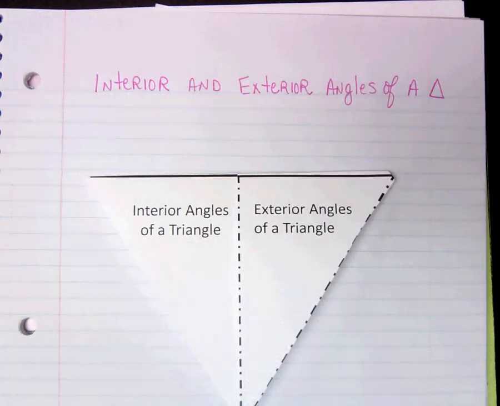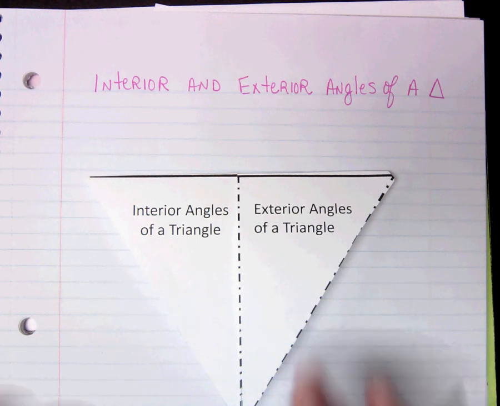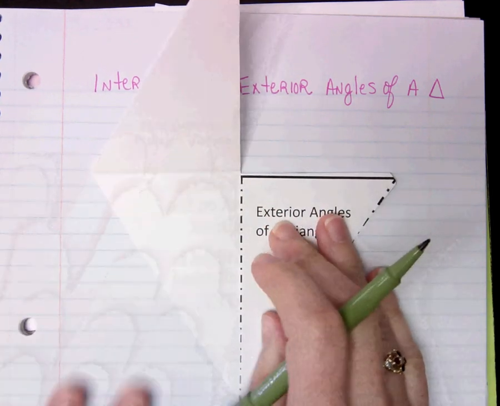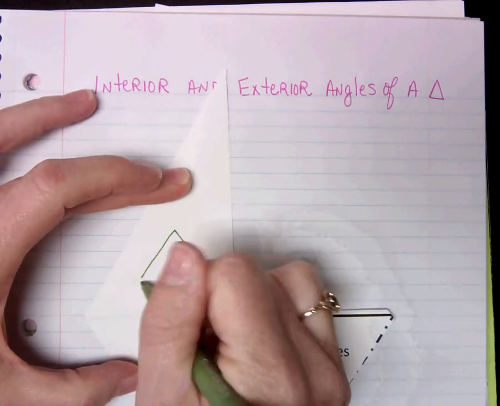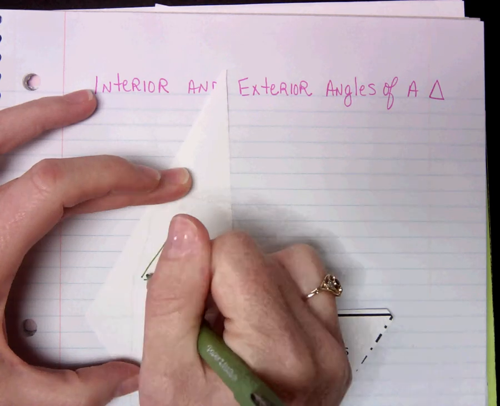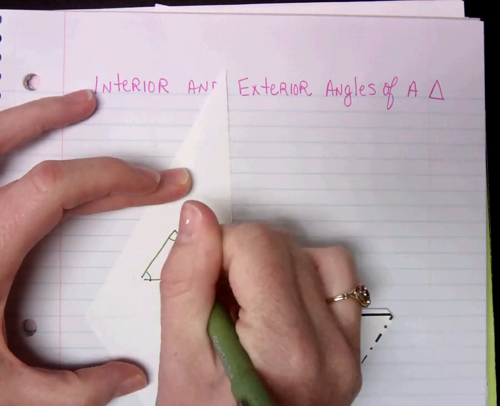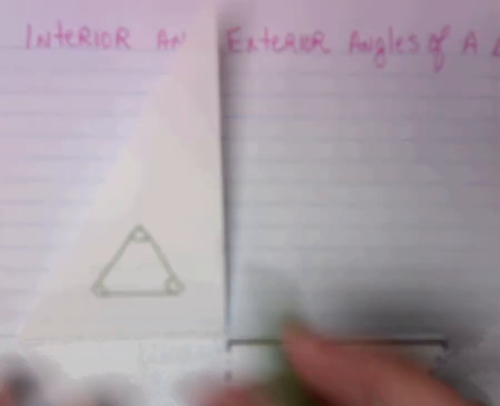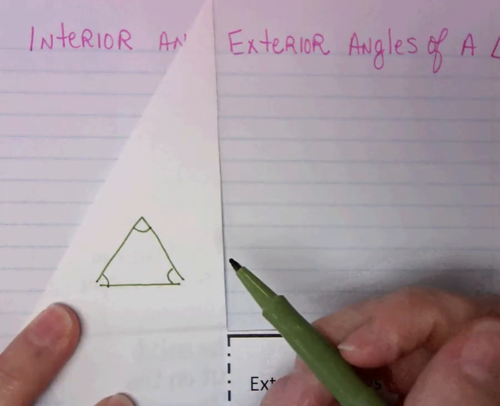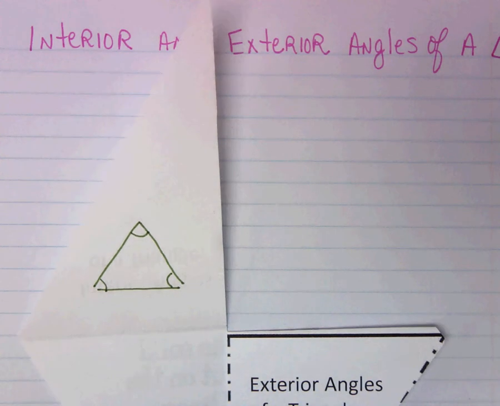Okay? So hopefully, when we talk about interior angles of a triangle, that's something that's familiar to you. We're talking about all the angles inside of a triangle. Let me zoom in so you can see that very clearly. This is probably something that you learned back in elementary school.